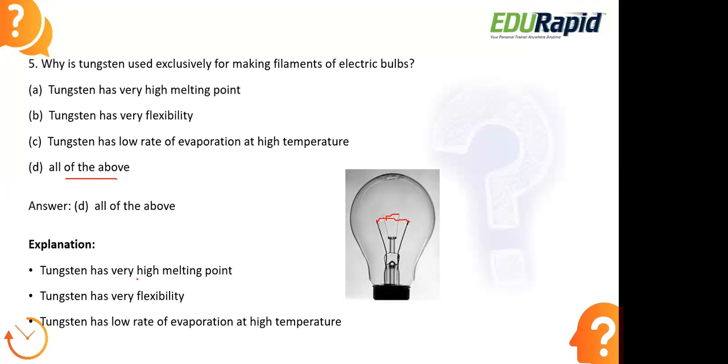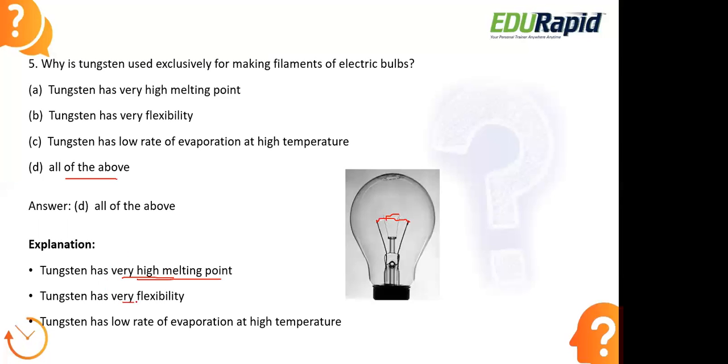It has a very high melting point. It will melt only when we provide very high temperature. At normal, moderate or lower temperatures, it will not melt. So this can be used in electrical bulbs, and that is a property we require to make electrical bulbs.